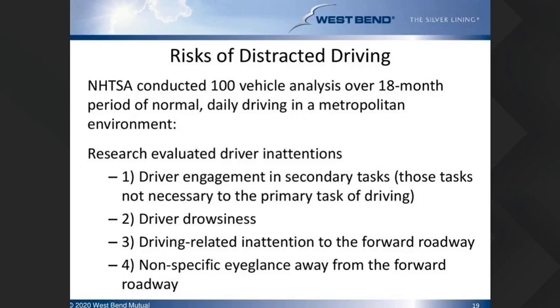And this was a really nice study that researched and evaluated driver inattention and rated it on 4 different categories: driver engagement and secondary tasks, so those tasks not necessary to the primary task of driving; driver drowsiness; driving related inattention to the forward roadway, so not looking forward, looking to the side or doing something else outside of just staring forward while driving; and non-specific eye glances away from the forward roadway. So again, this could be just looking up at the rear view mirrors, side mirrors.